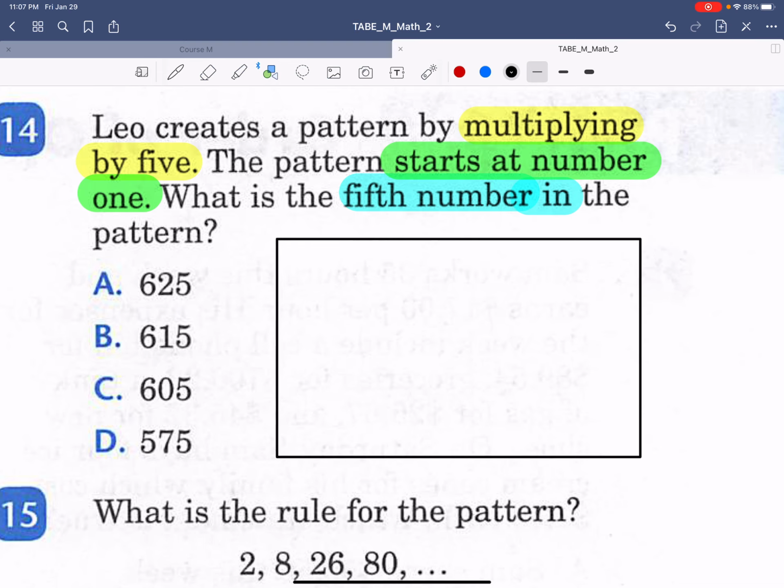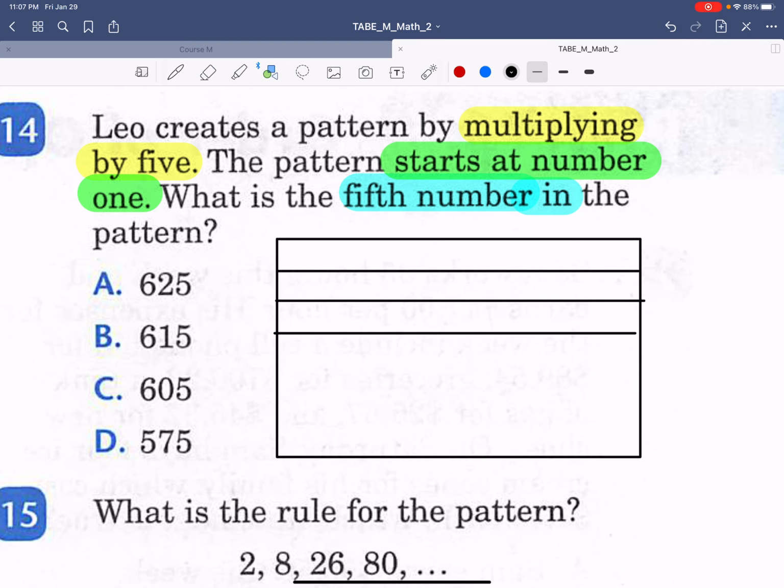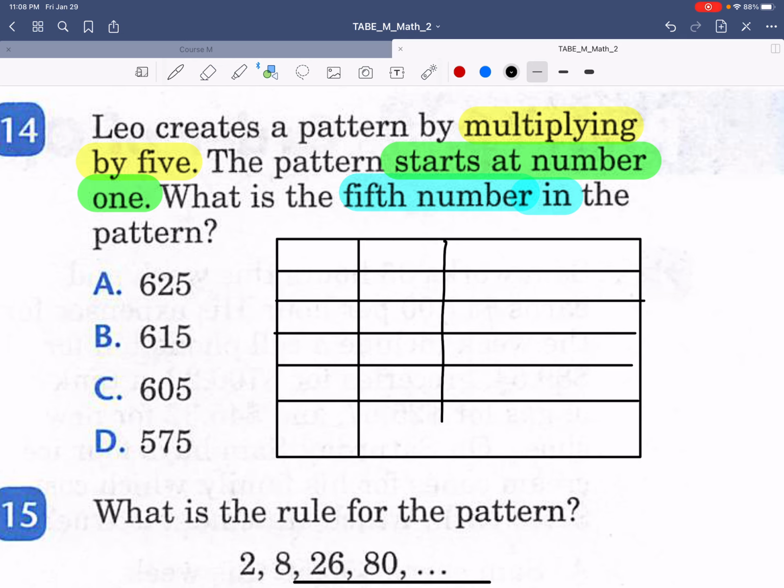And this one is a story problem, so I'll make 6 rows and 4 columns. And Leo is doing just numbers, so I'll put that in that first column. So we have number 1, number 2, number 3, number 4, and number 5. And I can't remember if I told you why I write out the words.